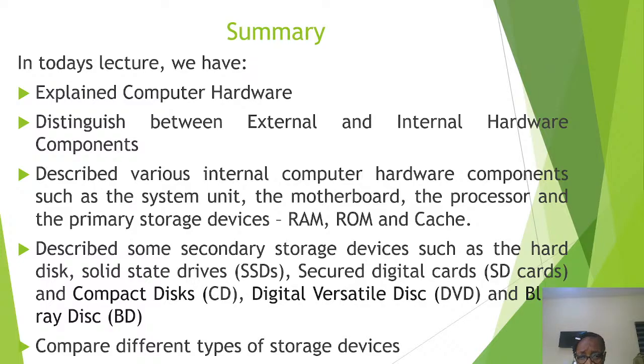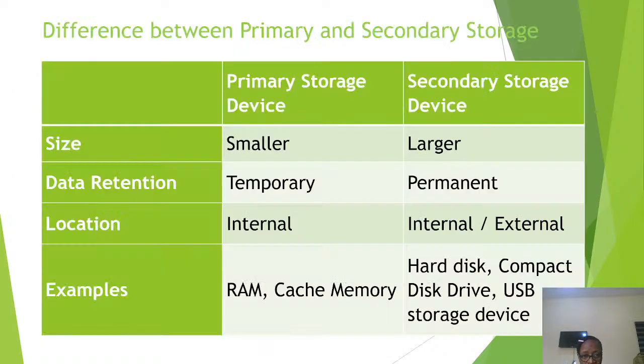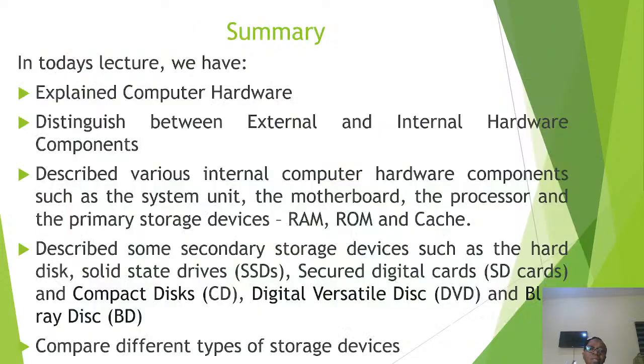We have also described the secondary storage. We looked at the hard disk, solid state drives, SD cards, compact discs, DVDs, and Blu-ray discs. And finally, we compared these storage devices based on four criteria: size, data retention, location, and examples. So that is what we did for today.